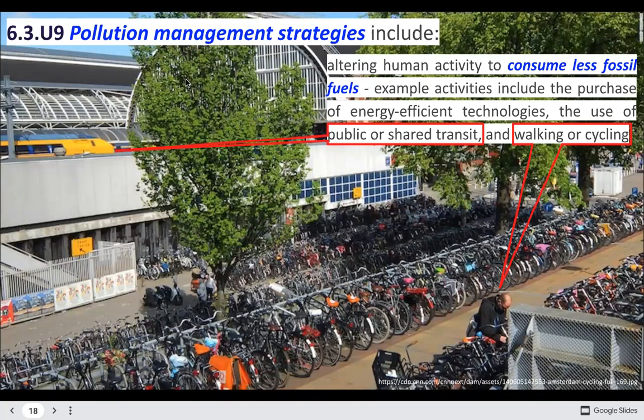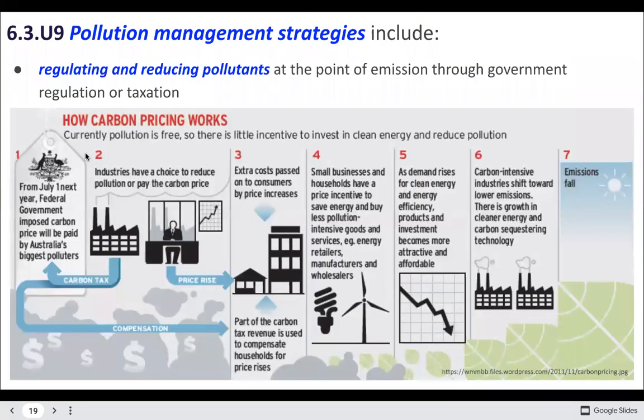So, some Figure 3 activity for you. We could alter the human activity by consuming less fuel, riding your bike or using shared transit. We could regulate and reduce the pollution by government regulation and taxing. We have carbon pricing in this case.